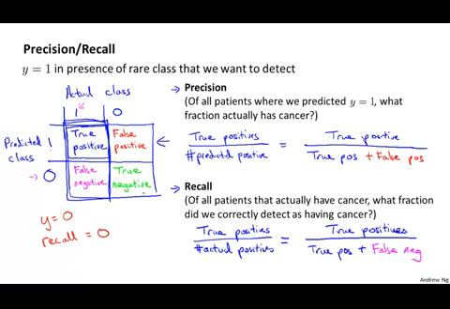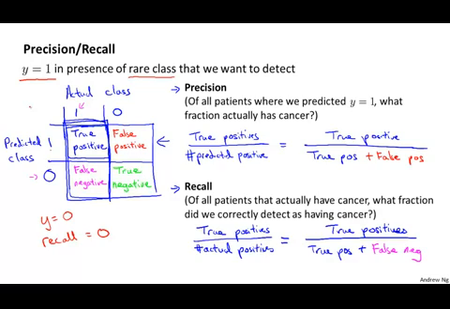One final note on the definition of precision and recall. Usually we use the convention that y is equal to 1 in the presence of the more rare class. If we're trying to detect some rare condition, such as cancer, hopefully that's a rare condition, precision and recall are defined setting y equals 1 rather than y equals 0 to be the presence of that rare class we're trying to detect.